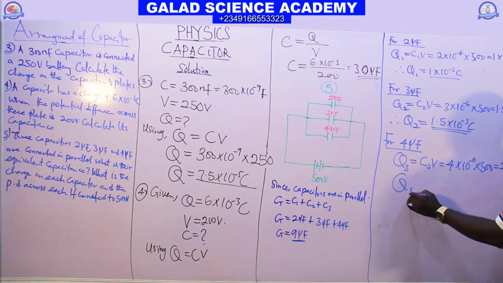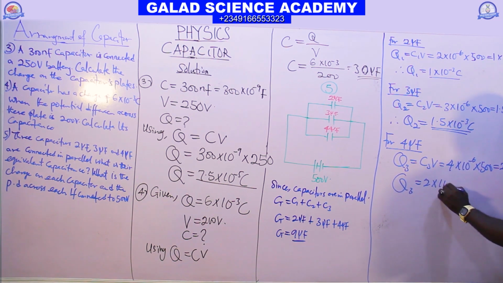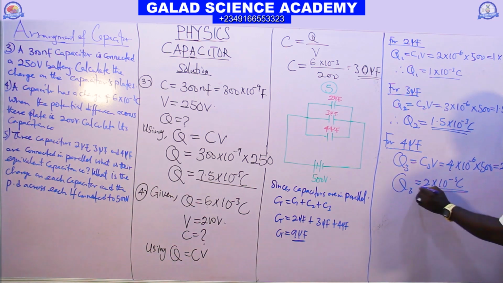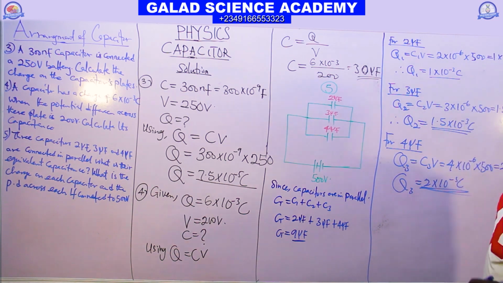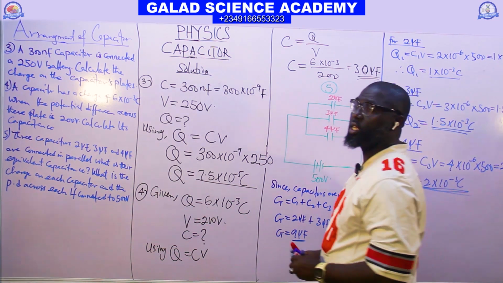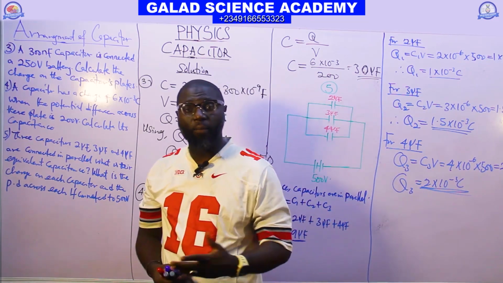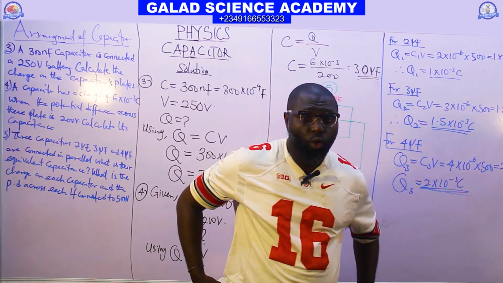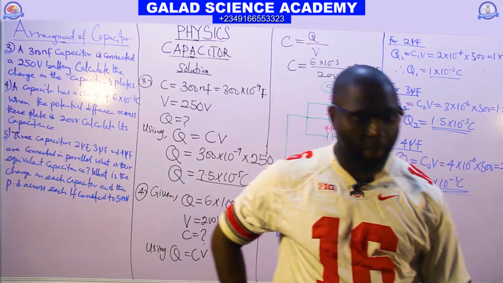So Q3 is equal to 2 times 10 raised to the power minus 3 coulomb. That is all about the 3 questions. The next aspect now, I'm trying to move to the energy stored in a capacitor.